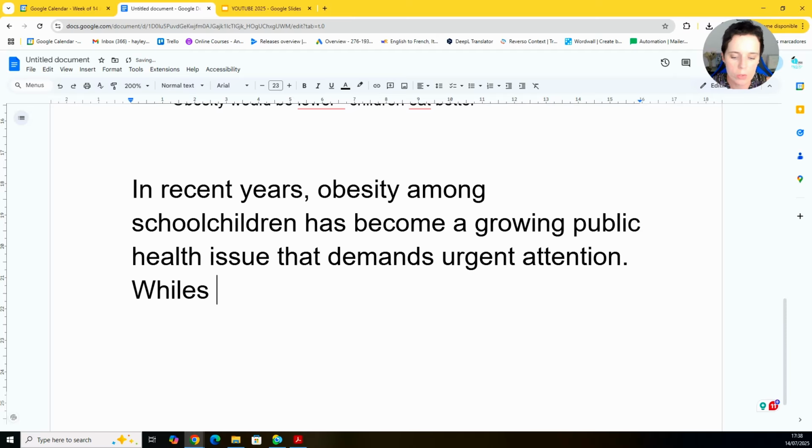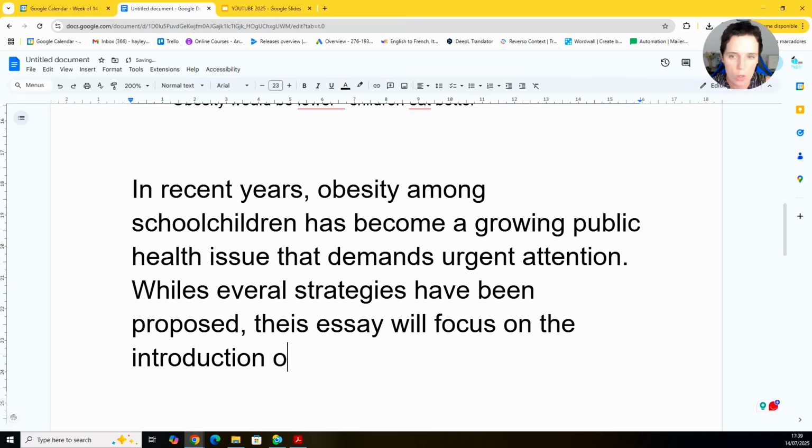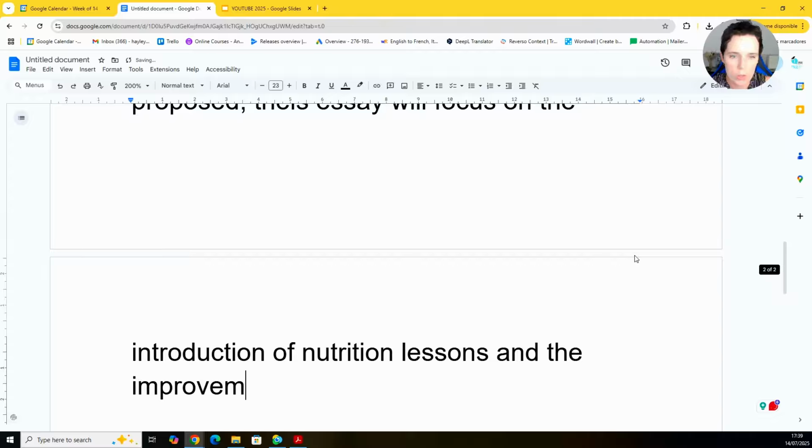So while several strategies have been proposed, this essay will focus on, or will discuss, you could say, the introduction of nutrition lessons and the improvement of sports facilities in schools.